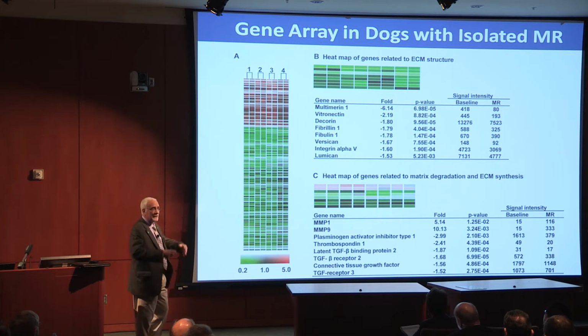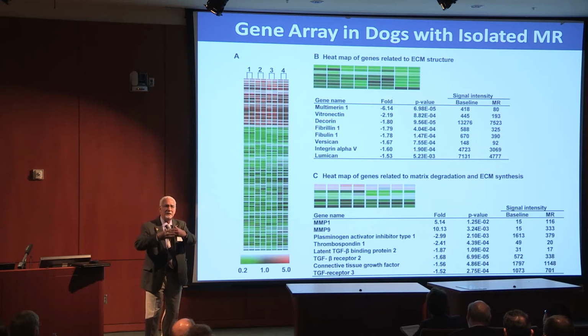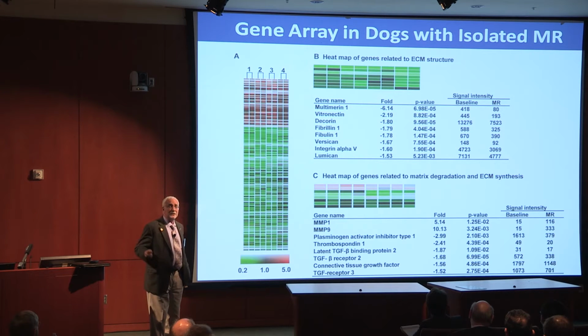Decorin, which connects collagen fibrils and gives the collagen fibrils their tensile strength. Fibrillin, the fibrillin 1 gene, the gene that's abnormal in Marfan syndrome. And all of these other genes of the extracellular collagen, whether you look at the mouse, the rat, the dog, or the human, does not increase in the setting of a marked decrease in interstitial collagen.